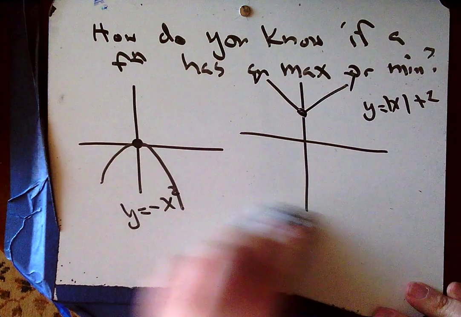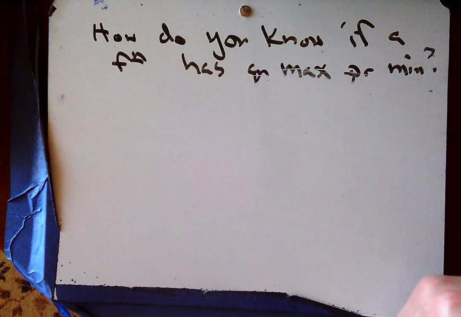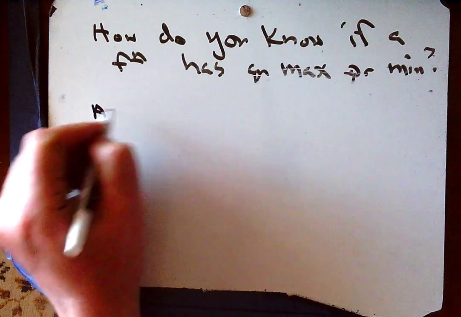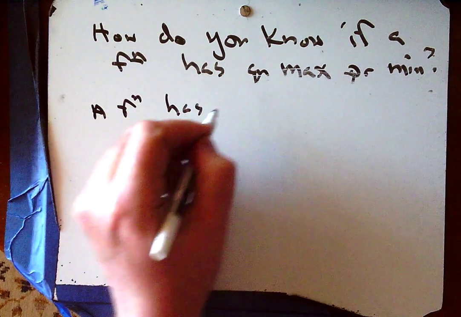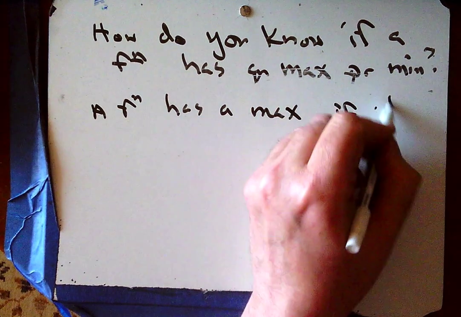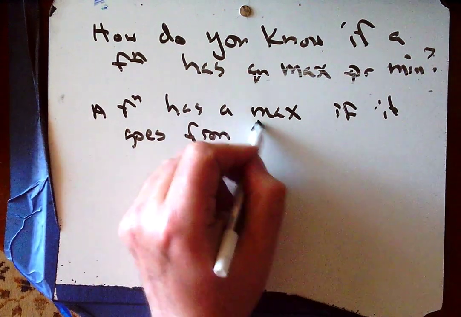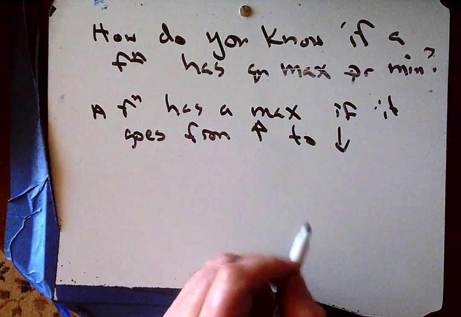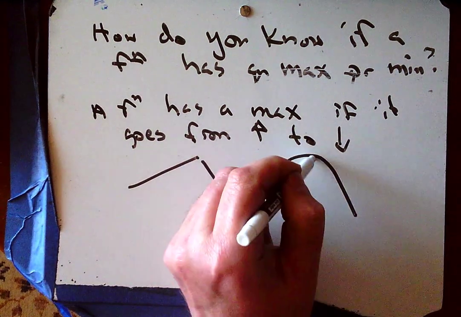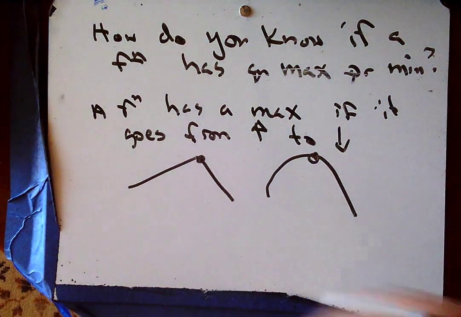In fact, I want to think about maxes and mins in terms of slope and increasing and decreasing. And so we're going to say a function has a max if it goes from increasing to decreasing. I get a maximum. Okay?